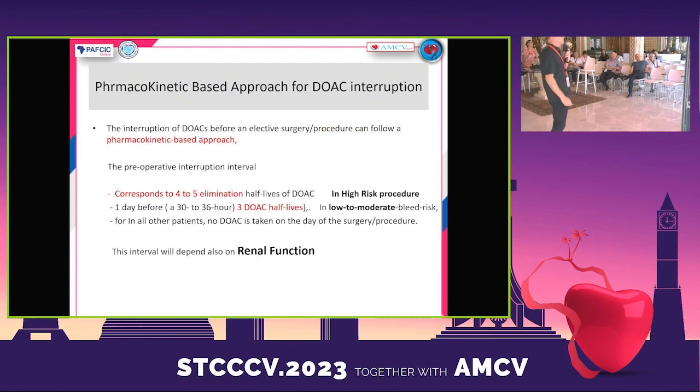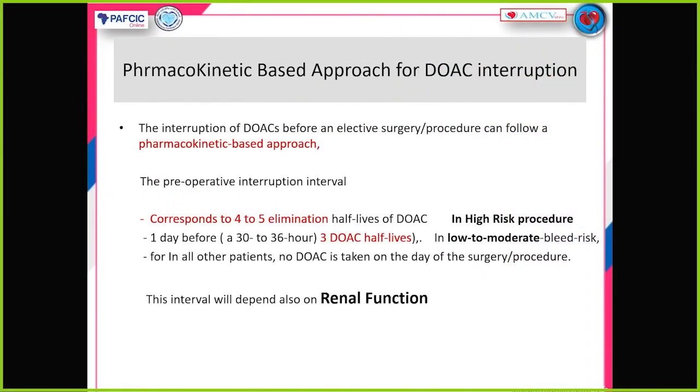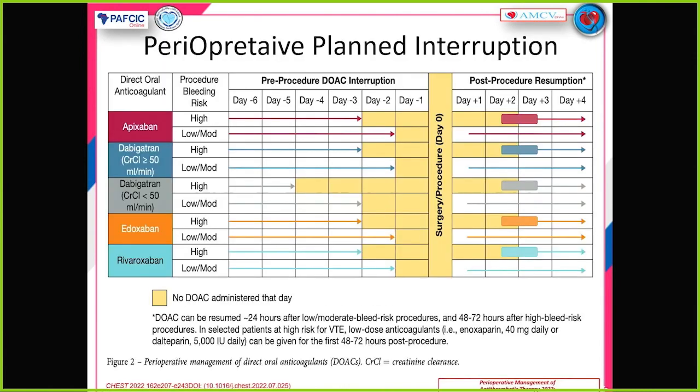We can use the pharmacokinetics-based approach, as Rafiq said, which corresponds to stopping the treatment 4 to 5 elimination half-lives of the DOAC in case of a high-risk patient, 3 half-lives in case of moderate risk, and only the day of the intervention in minor risk. This will of course also depend on renal function, because the half-life depends on the renal function of the patient.